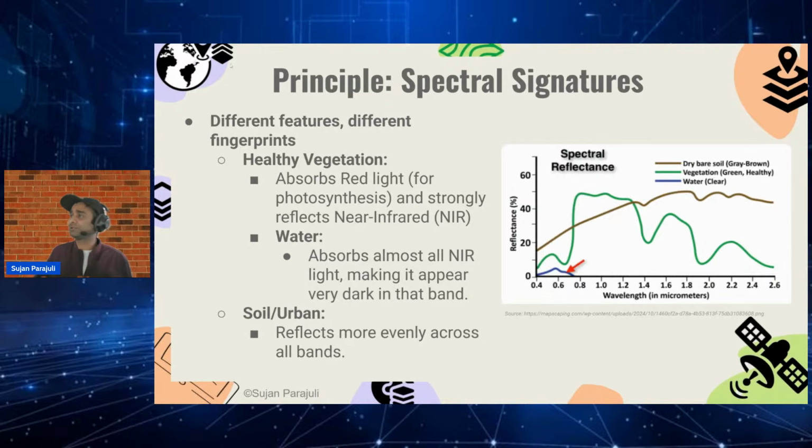If you see the graph, the green one represents healthy vegetation. From 0.4 to 0.6 it goes upwards, which represents healthy vegetation.